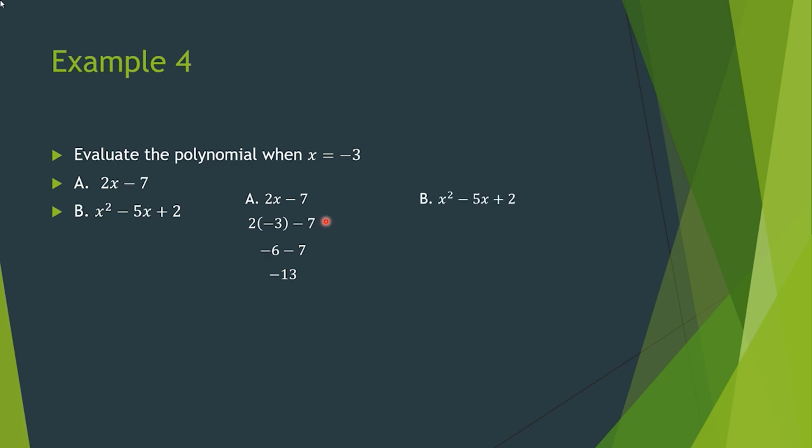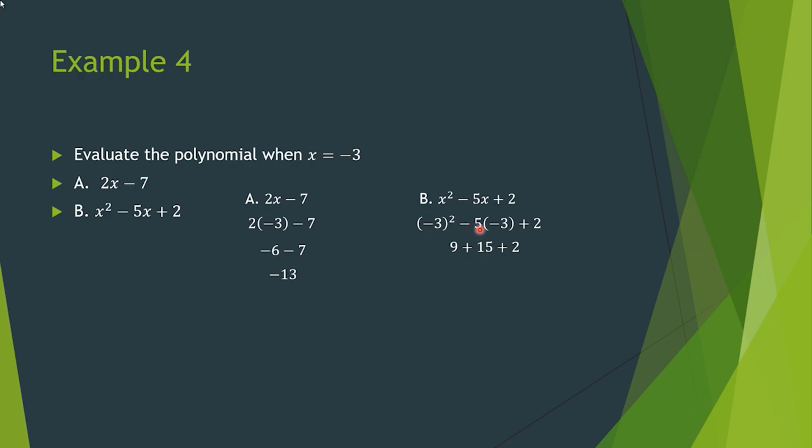Letter B, we're going to plug in negative 3 again into x squared minus 5x plus 2, using a parenthesis. So exponents, I can also multiply this at the same time because they're kind of separate. Negative 3 squared is 9 because it's the whole thing that's being squared.